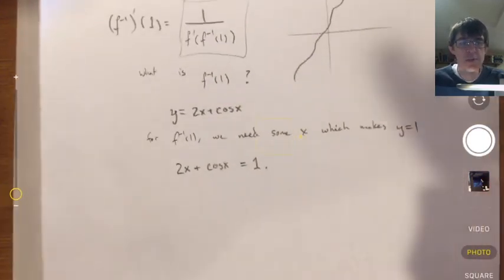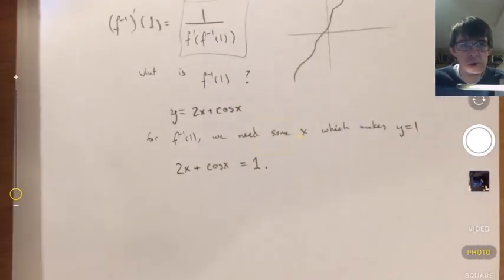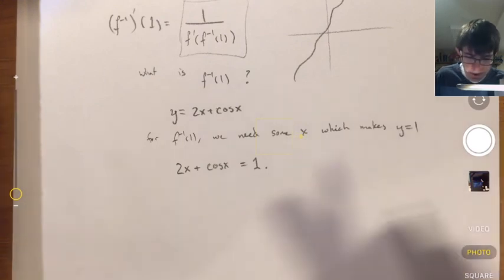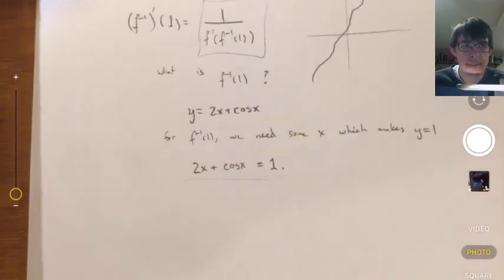In this particular example, our book says, you can do this by inspection. It means you just look at it and guess the answer. Can anybody guess some x value which makes this function equal 1? 2x plus cosine x.